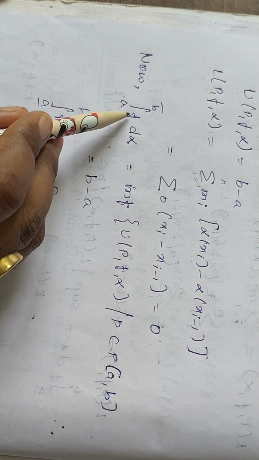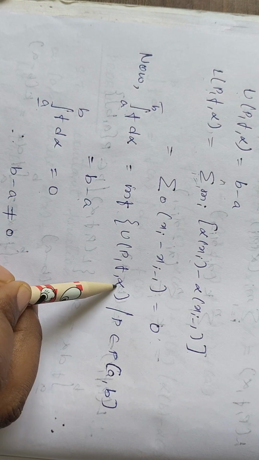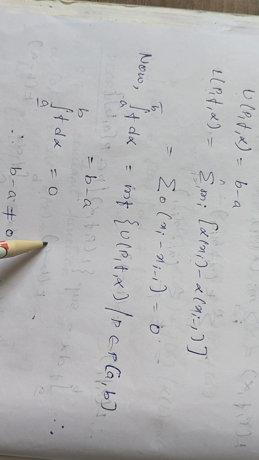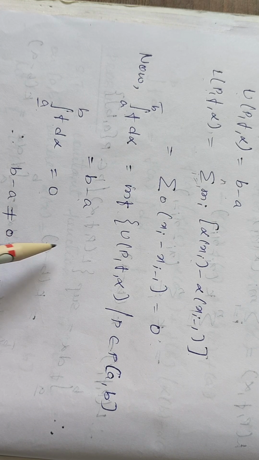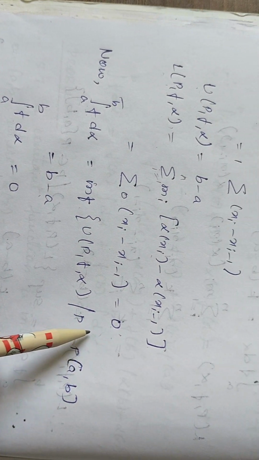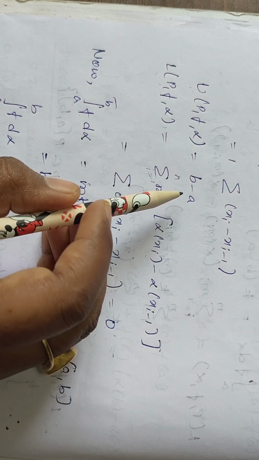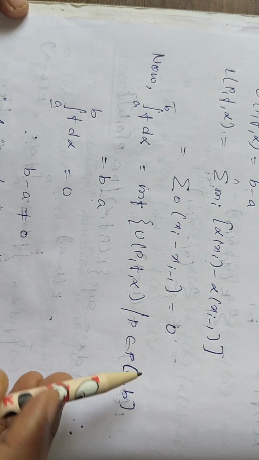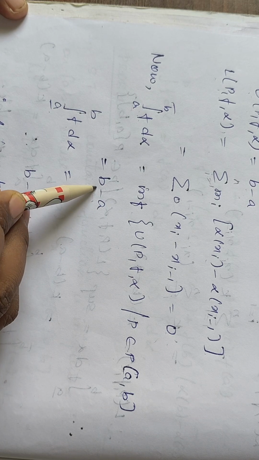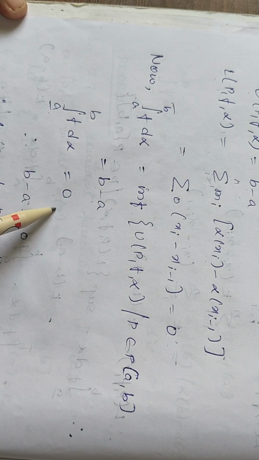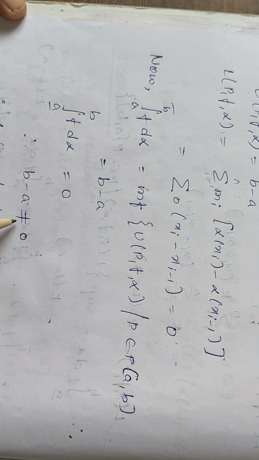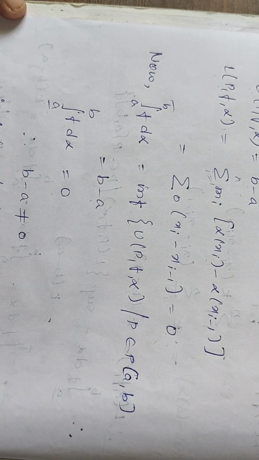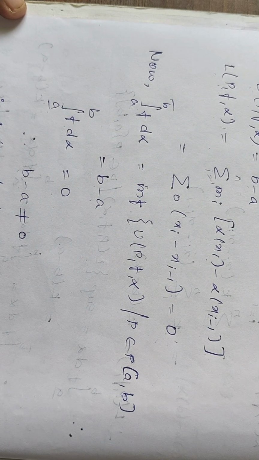Why? Because the upper integral is the infimum of all U's and the lower integral is the supremum of all L's. But whichever partition P you take, the L value remains the same, and the U value remains the same. So the upper Riemann integral becomes b minus a and the lower Riemann integral becomes 0. And since b minus a is not equal to 0, f is not Riemann-Stieltjes integrable on any interval.